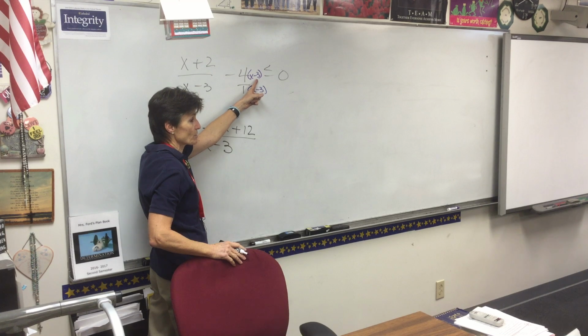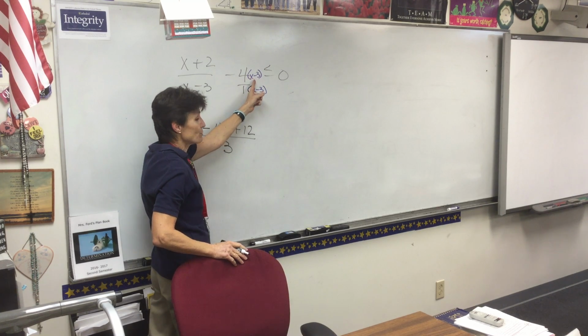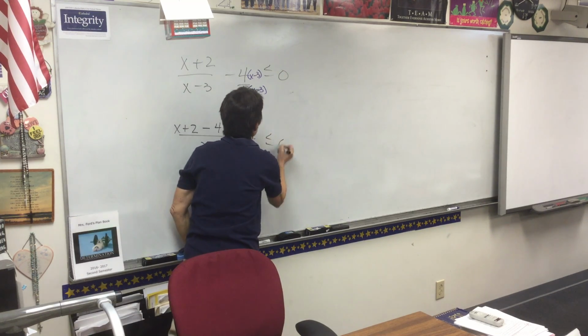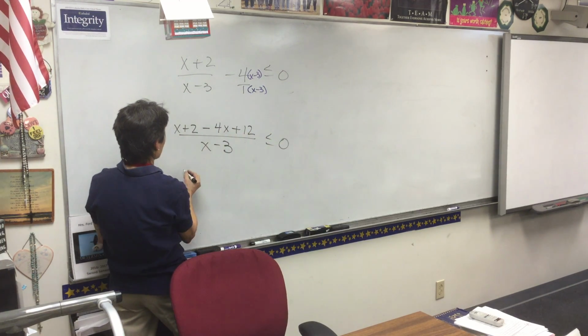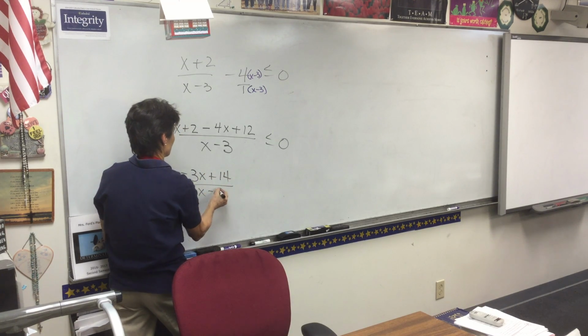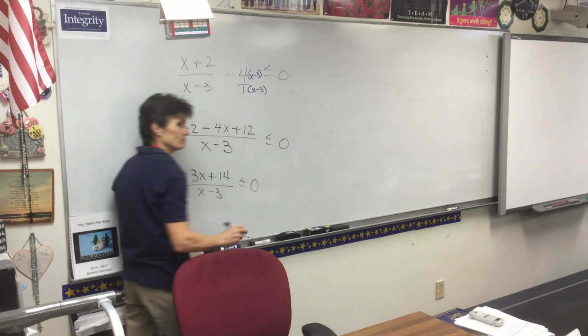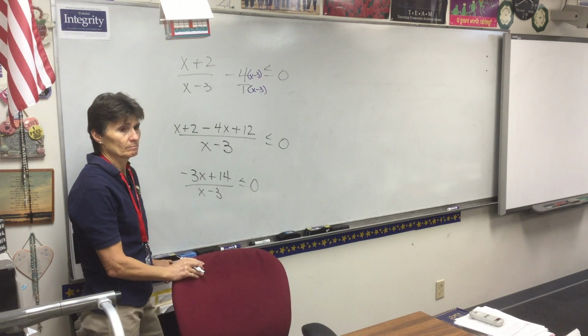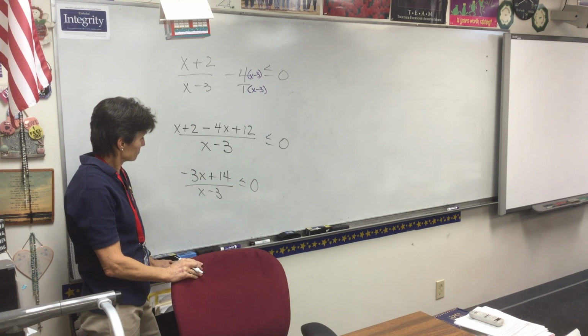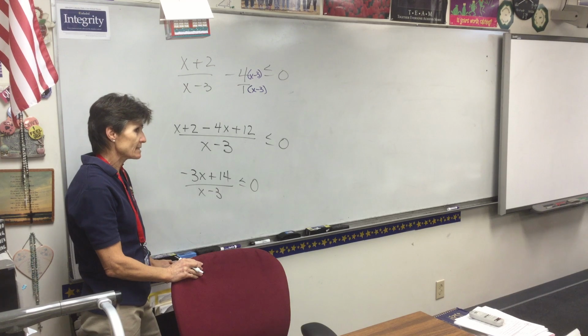I would be a rich person. Make sure you distribute that negative. All right, let's clean up the top. Looks like I have negative 3x plus 14. Does that seem okay to you?